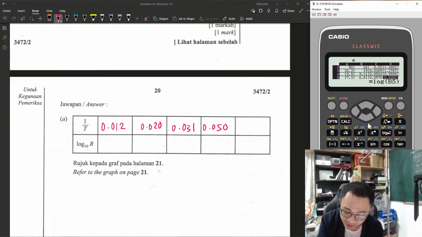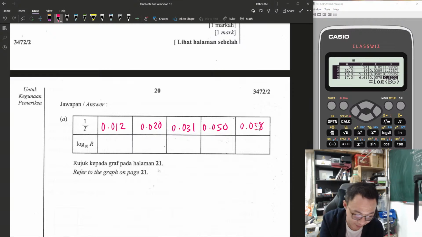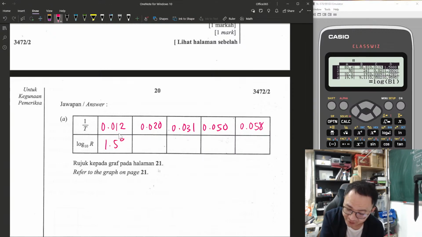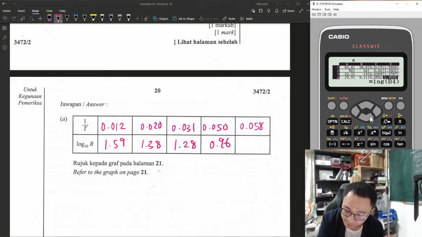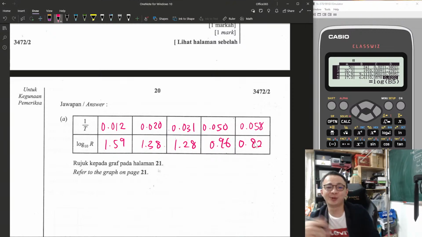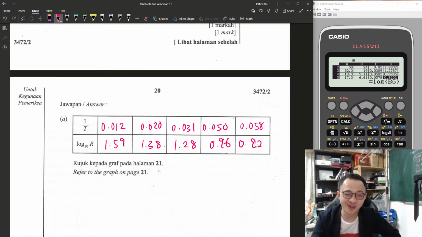Next one is what? 0.058. Okay, and let's go to the log here. This one 2 decimals: 1.59, 1.38, 1.28, 0.96. Last one is what? 0.82. Okay, definitely you can do the 1 over t yourself slowly.